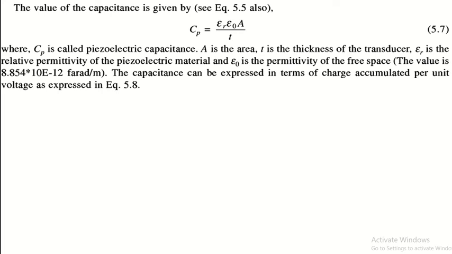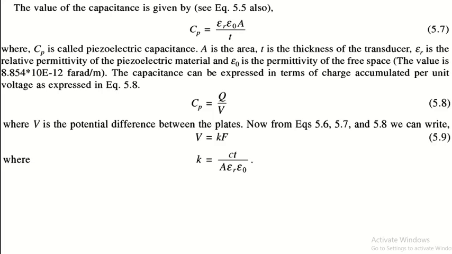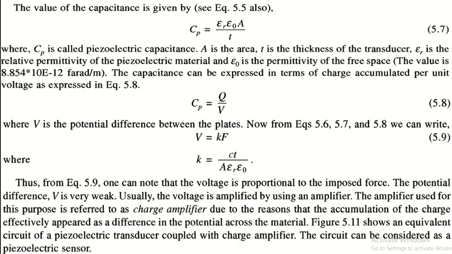The capacitance can be expressed in terms of charge accumulated per unit voltage, which is given by Cp equals Q by V, where V is the potential difference between the plates. Now on combining equations 5.6, 5.7 and 5.8, we get that V equals K f, where K equals C t by A epsilon r epsilon naught.